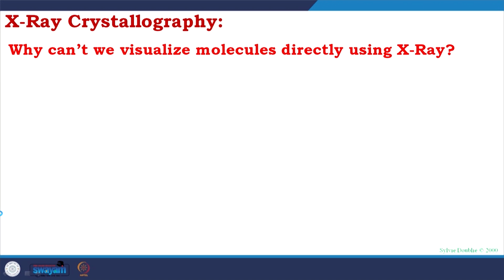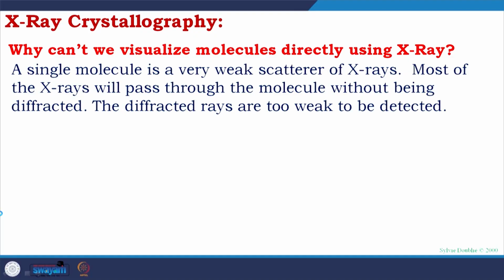There are people who always want to go for straightforward. So, they want to ask, okay, we understand that lower wavelength is required, it should be looked at the atomic resolution, which is not possible for light microscope. So, why not have an X-ray microscope? That is because a single molecule is a very weak scatterer of X-ray.